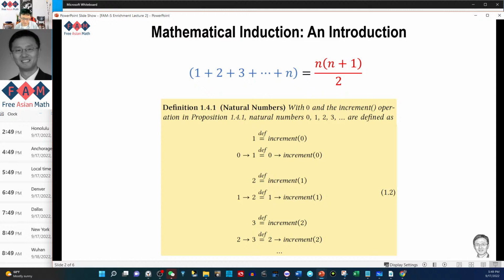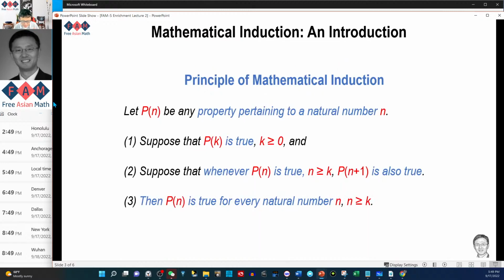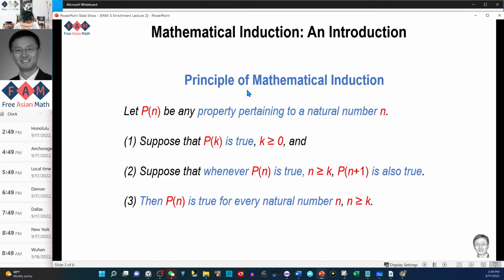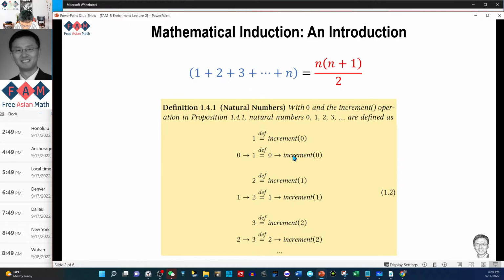All right, very important. But now let's spend 10 minutes to talk about another application. In our lecture we talked about natural numbers, right? Remember, our natural numbers are defined through this counting process right here.